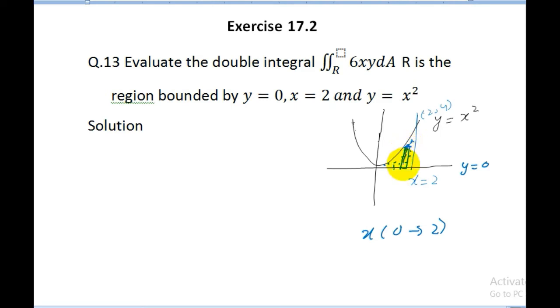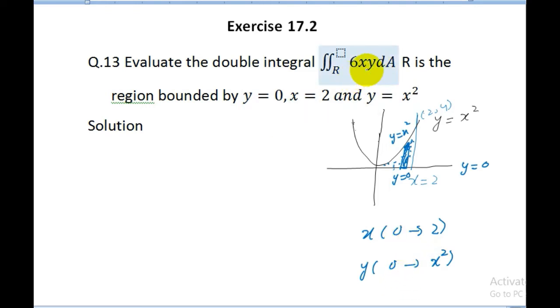Now we find the value of y on this strip. On this point, from where the strip begins, y is equal to 0. This other point is the point of intersection with the curve, so at this point the value of y is equal to x square. So the variation of y is from 0 to x square.